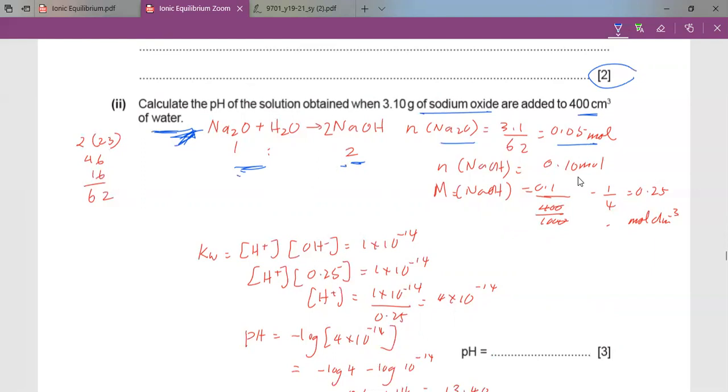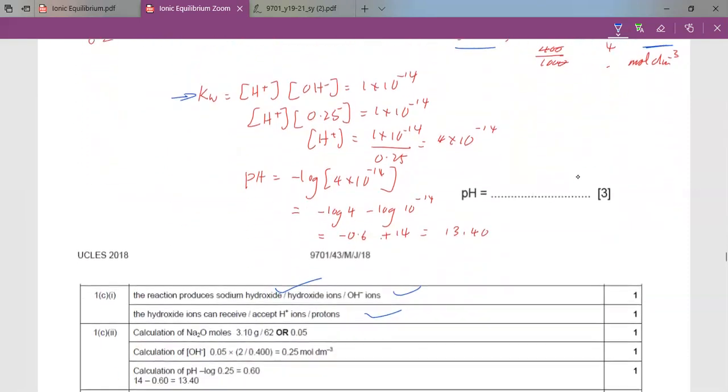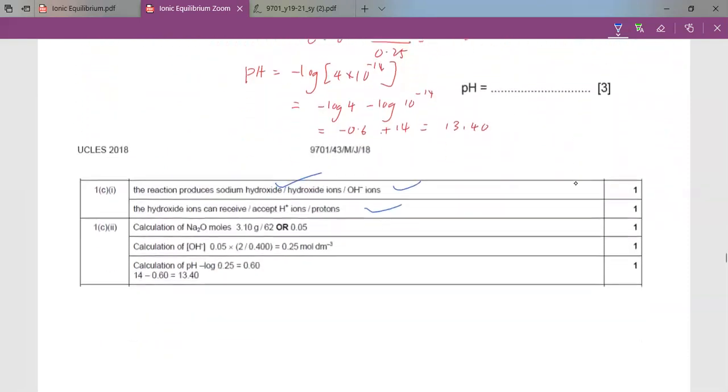So the number of moles of NaOH is this one here. Use your ionic product of water to find the H plus, and then use your pH. Okay, 13.4. Make sure you know how to use anti-log and all these things with your calculator.